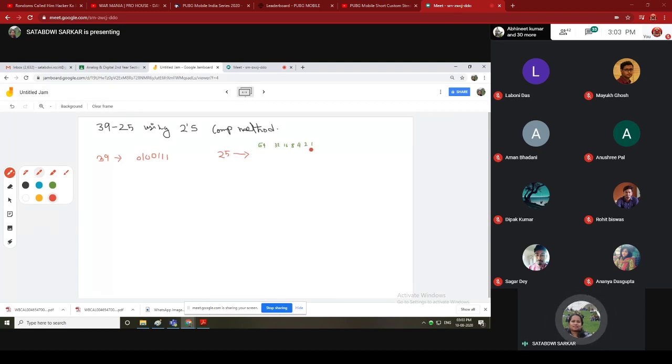That is, 25 is 0 0 1 1 0 0 1. So we have to put the 0 and 0. This is 25. Now we have to calculate the 1's complement form.